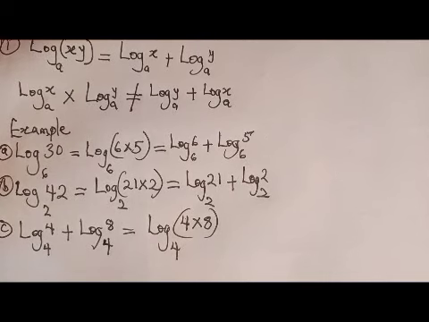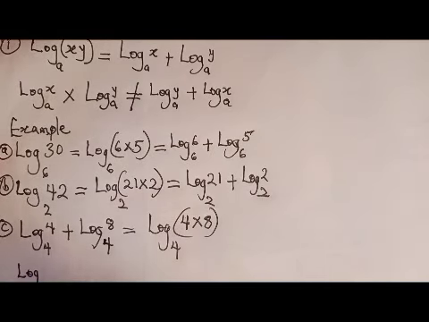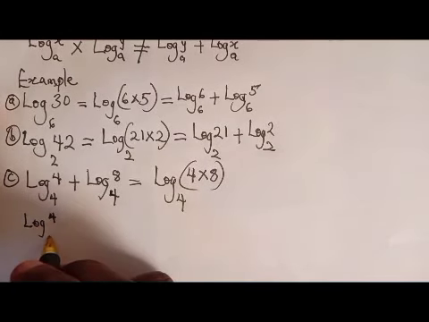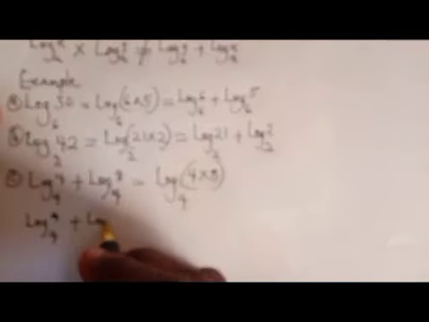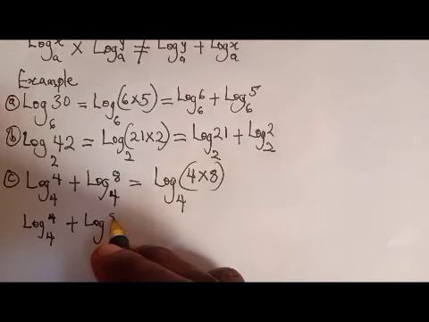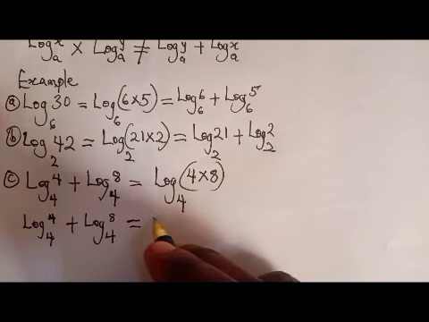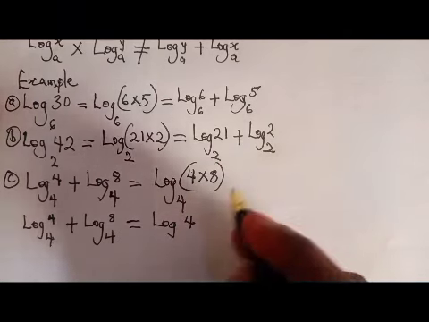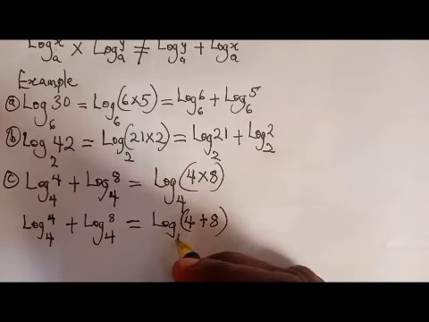Also take note that some people might try to say log 4 in base 4 plus log 8 in base 4 gives us log of 4 plus 8, all in base 4.